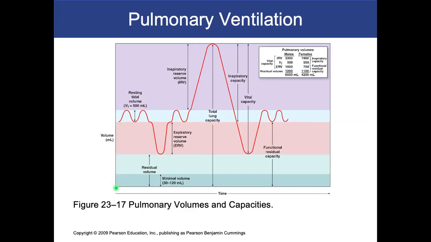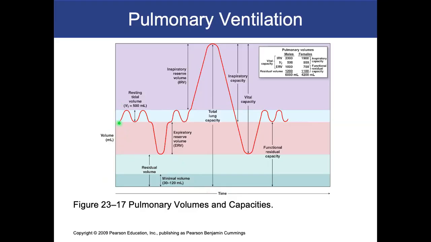All right, so if we look at our X and Y axis first, our Y axis is volume in mils, right? So this is volume of air moved. And this is time, okay? So this would be time in seconds. And so this is pulmonary ventilation, or this is called a spirogram.